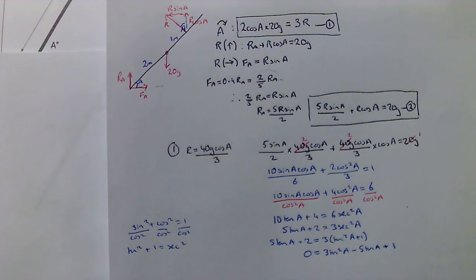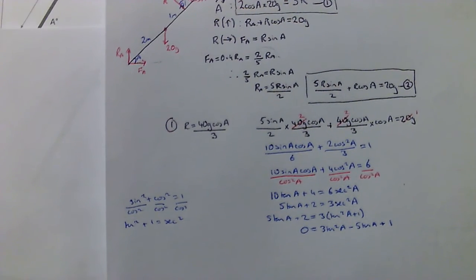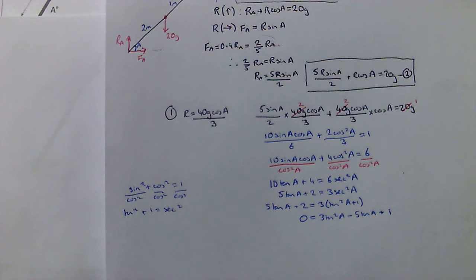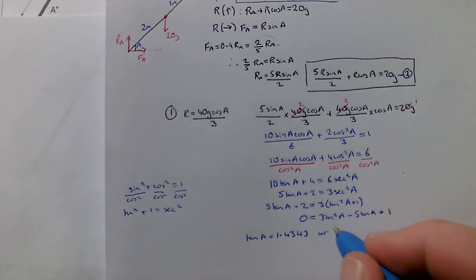This doesn't factorise easily, so I'm just going to put it into the polynomial solver on the calculator, and I get tan A equals 1.4343 or 0.2324.